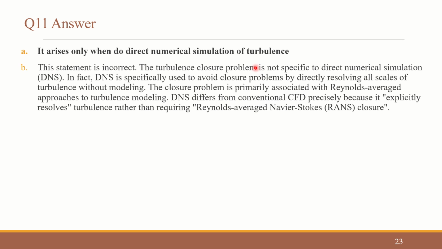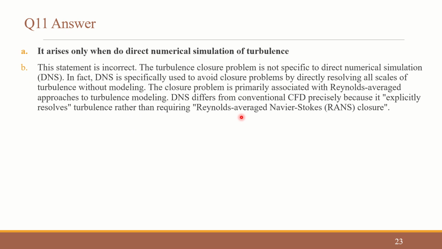The turbulence closure problem is not specific to direct numerical simulation, DNS. In fact, DNS is specifically used to avoid closure problems by directly resolving all scales of turbulence without modeling. The closure problem is primarily associated with Reynolds averaged approaches to turbulence modeling. DNS differs from conventional CFD precisely because it explicitly resolves turbulence rather than requiring Reynolds averaged Navier-Stokes closure.